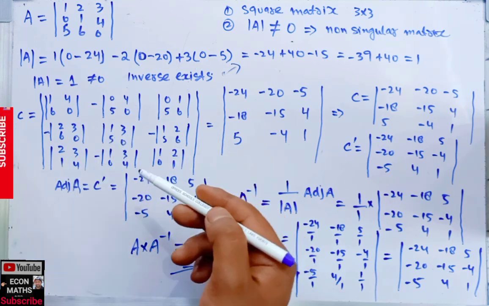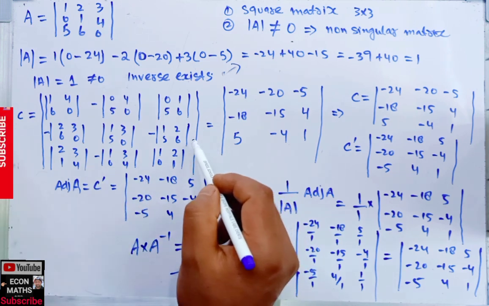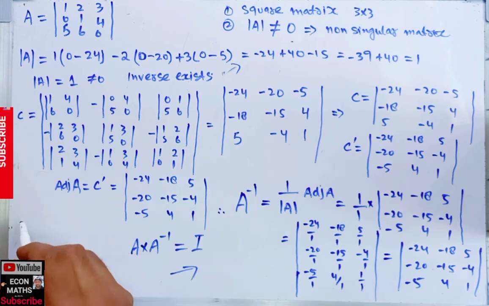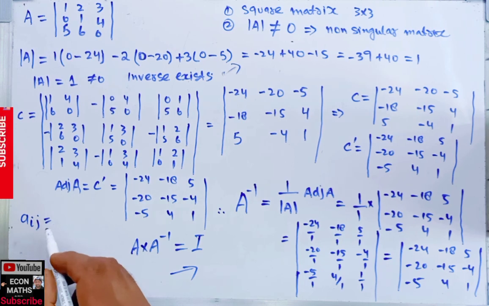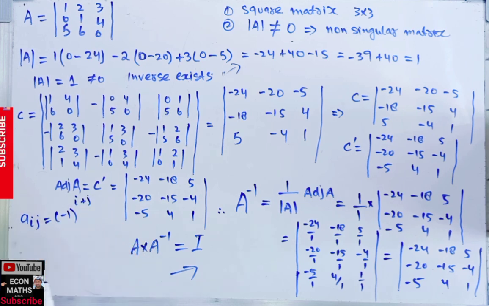Now the rule to find the sign of a cofactor is given by the position of the element, that is A i j. To see the sign, we take this i and j, add the i and j and make it the exponent of minus 1.